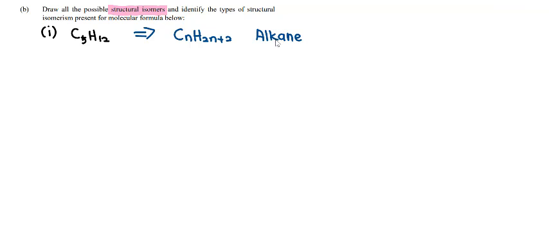Since alkane does not have a functional group, we won't have a positional isomer, and this general formula cannot form a functional group isomer. The carbon is 5, so we might have a chain isomer. First step, draw the longest carbon chain.